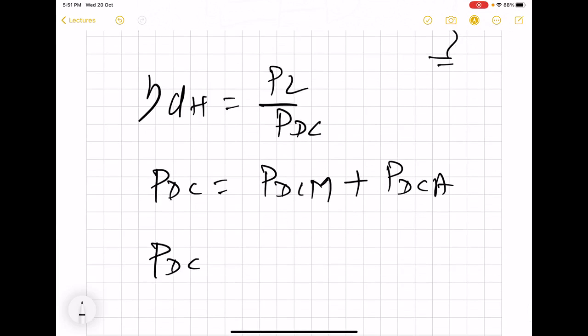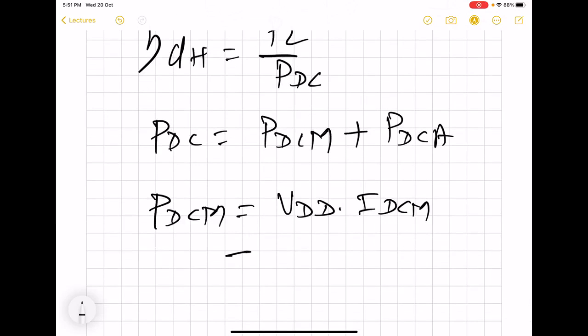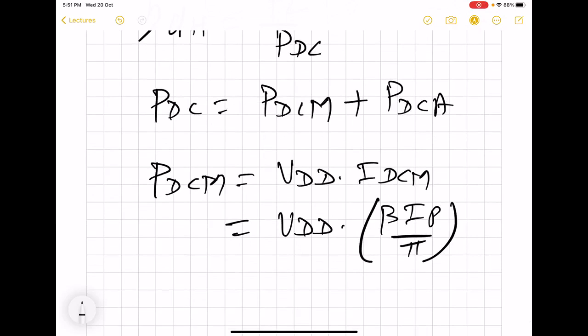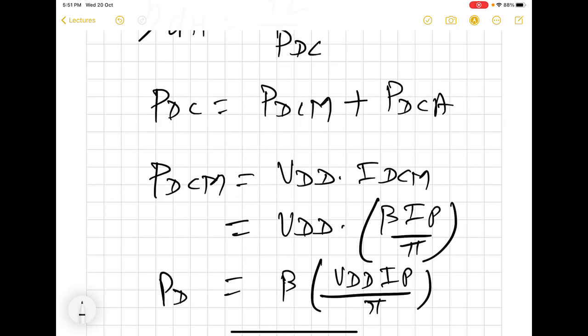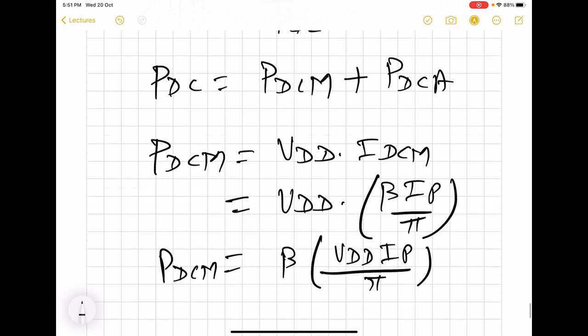So this PDC formula will remain same because the drain will always be at VDD and it will continue to draw a certain DC current, and this DC current is going to be beta IP by pi. So for main power amplifier, the DC power drawn is given by this equation.